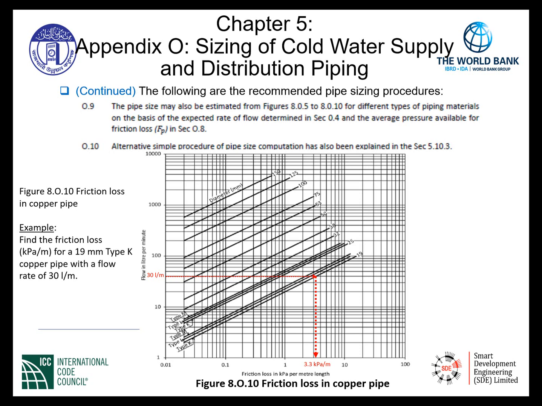Once we intersect the curve, we then move downward to the x-axis and read the friction loss as seen here at 3.3 kPa per meter. This gives us a friction loss per meter of pipe that can then be used in the hydraulic calculations for the water distribution pipe.